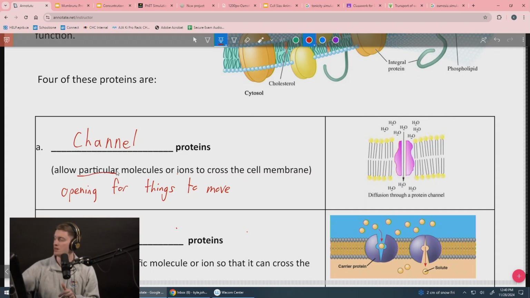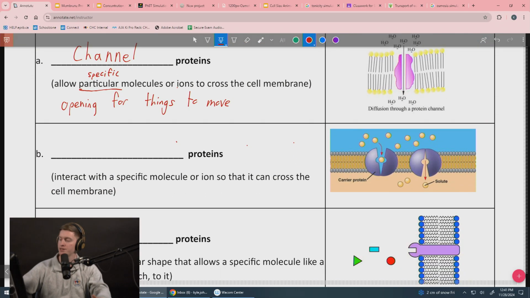Often it is. It says here that it allows particular molecules or ions. Above the word particular, I'm going to write specific. That means that you can have a channel that is going to allow molecule A through, but it won't allow molecule B through. And this will be useful, as we'll see later on.